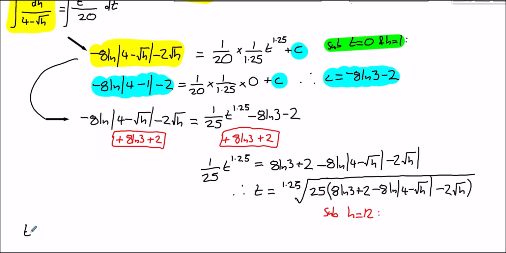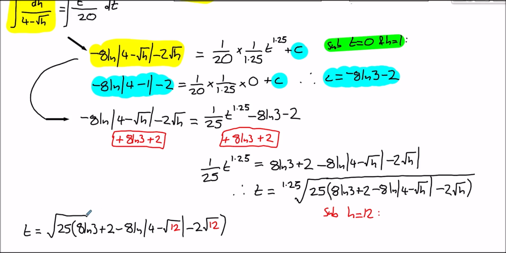So now if I sub in h equals 12, the required time that'll take will be 25 times 8 ln 3 plus 2 minus 8 ln of 4 minus root 12 minus 2 lots of root 12. And all of that is to the 1.25 root.